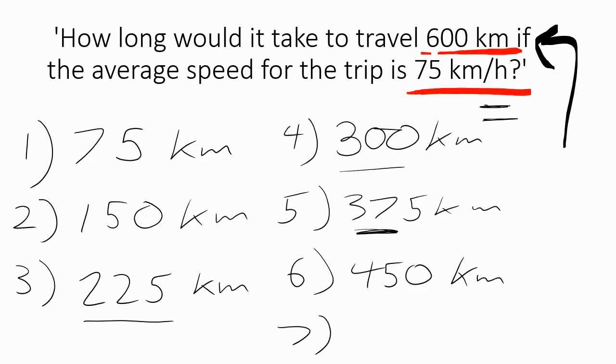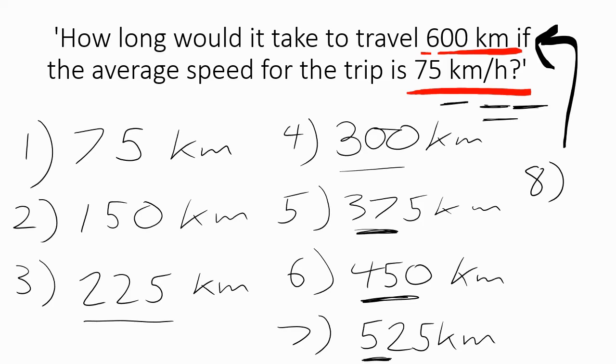Well, 450 kilometers plus 75 kilometers, because it's another hour, is going to be 525 kilometers. We're nearly there, because the eighth hour is going to be 525 kilometers plus another 75 kilometers, which equals 600 kilometers.